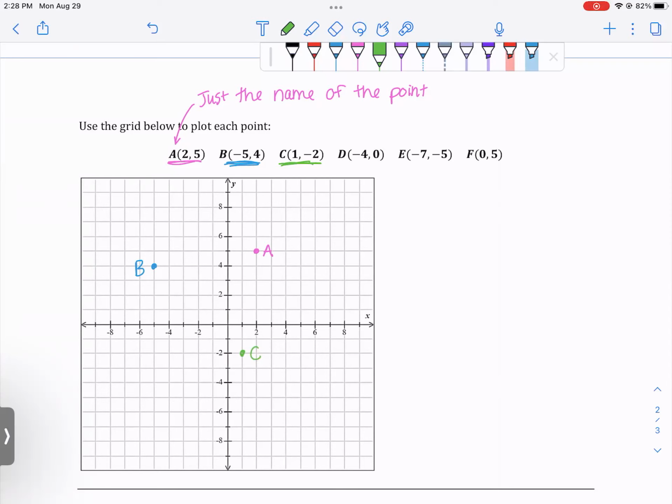That's point C. Point D, one of these numbers is 0. So for the x, the x-coordinate's -4, going back to -4. But then the y-coordinate is 0, which means we neither move up nor down. We simply stay right on the x-axis. So right here, this is going to be point D.